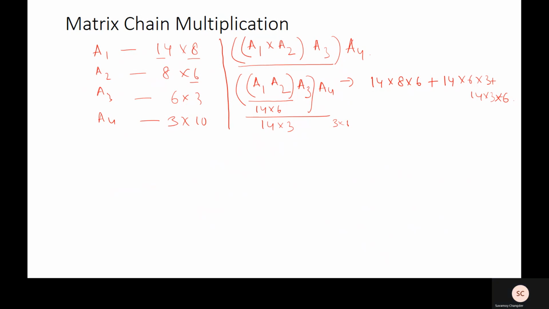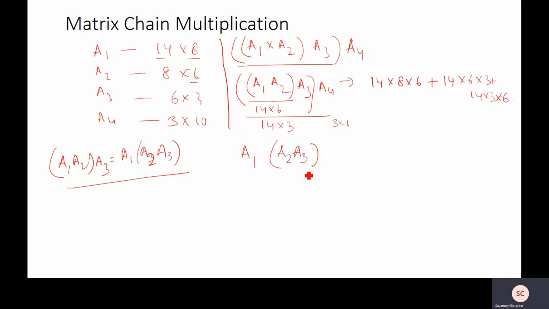Now if we follow a second method, since we know that if we multiply A2 and A3 first and then A1 with this, then also the result will be the same as A1, A2 and A3. So as per the property of matrix multiplication, we know that both are the same.